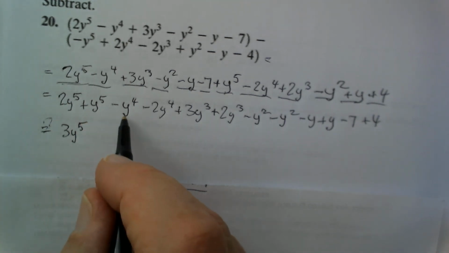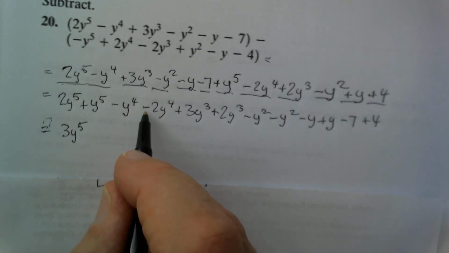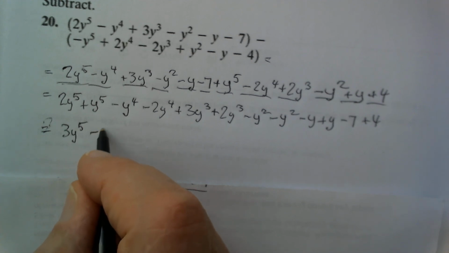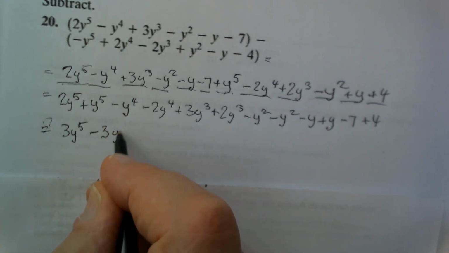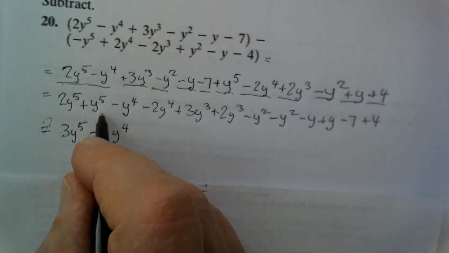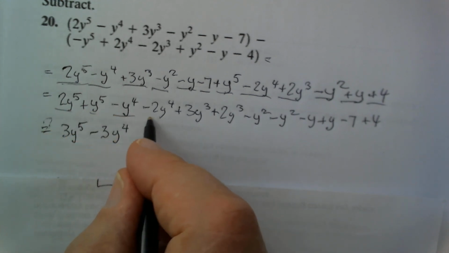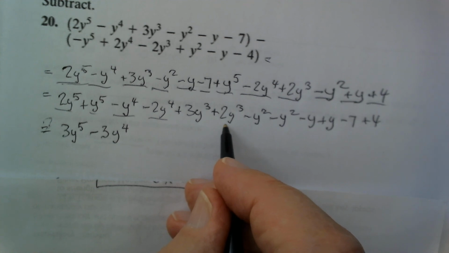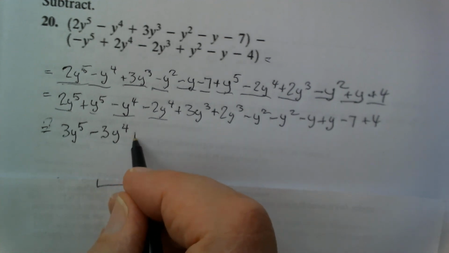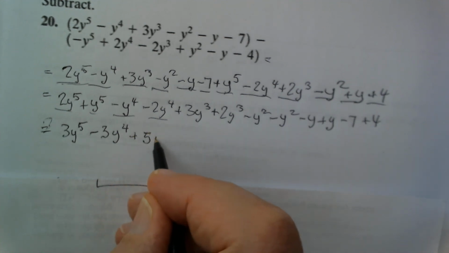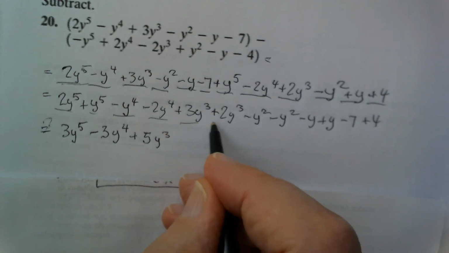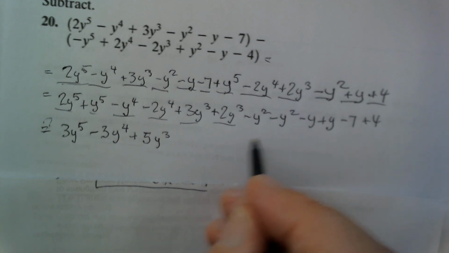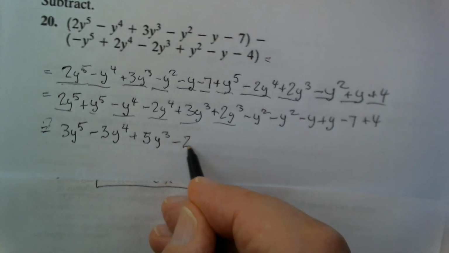And minus 1y to the 4th minus 2y to the 4th means minus 3y to the 4th. So that takes care of these. And then 3y to the 3rd plus 2y to the 3rd, 3 plus 2 is 5y to the 3rd. And minus 1y squared minus 1y squared is minus 2y squared.